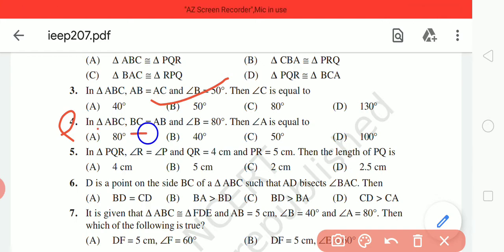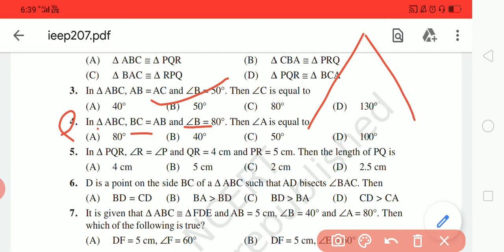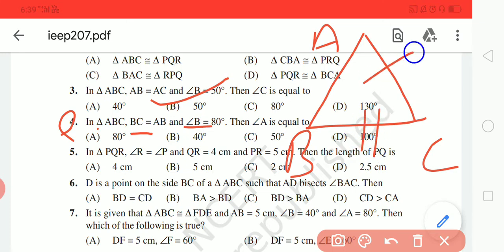Question number 4. ABC is the triangle where BC and AB are equal. B is 80 degrees. What is the angle A? I'm writing here A, B and C. We have given BC is equal to AB, so the opposite angles A and C will be equal.